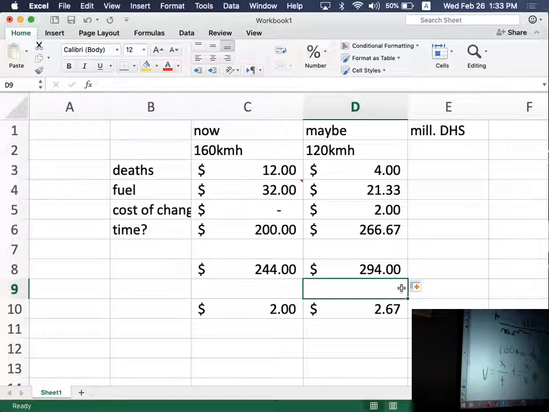Because it has a huge cost of lost time and productivity. We know if you lower the speed limit to 90 or 80, nobody will die on the highway. We know that because we have statistics. But we don't do it. We let the limit be 160. And this is the reason.